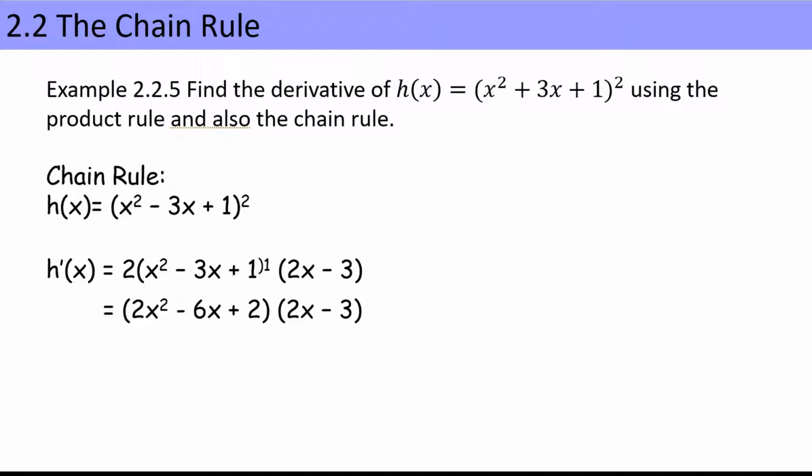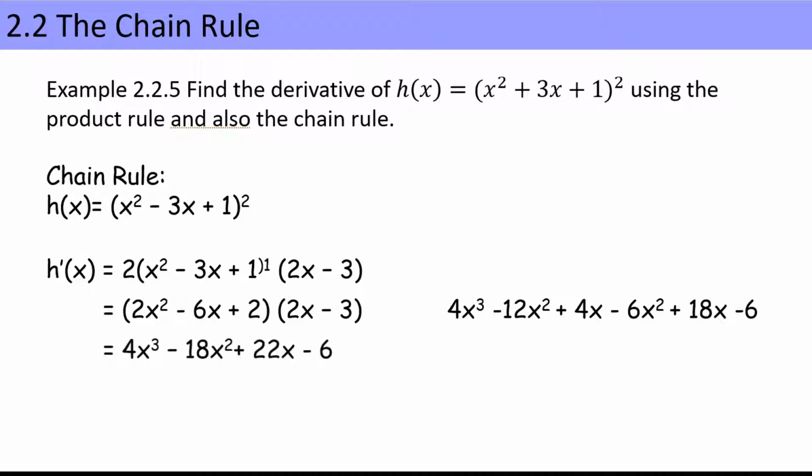Now, distribute the 2x minus 3 with the 2x squared minus 6x plus 2, which will give you 4x cubed minus 12x squared plus 4x, and then minus 6x squared plus 18x minus 6. We combine like terms and get that the derivative h prime of x is equal to 4x cubed minus 18x squared plus 22x minus 6, just as we got it using the product rule.